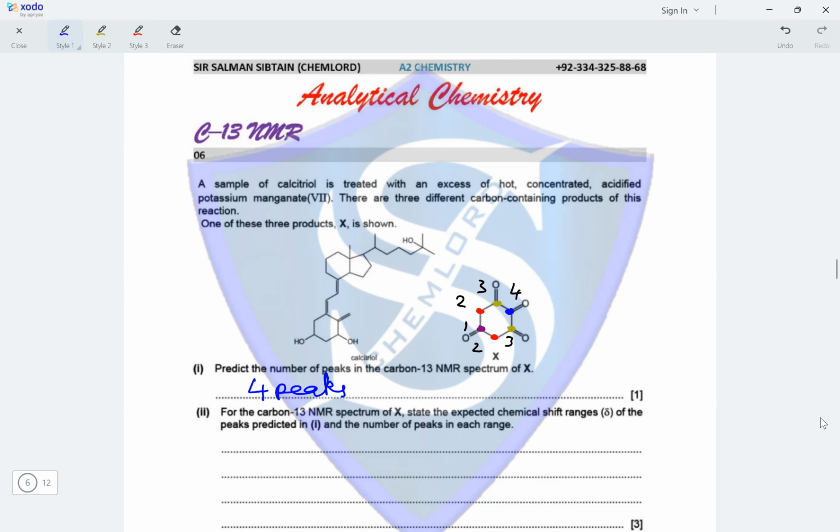Next, for the carbon-13 NMR spectrum of X, state the expected chemical shift ranges of the peaks predicted in one and the number of peaks in each range.